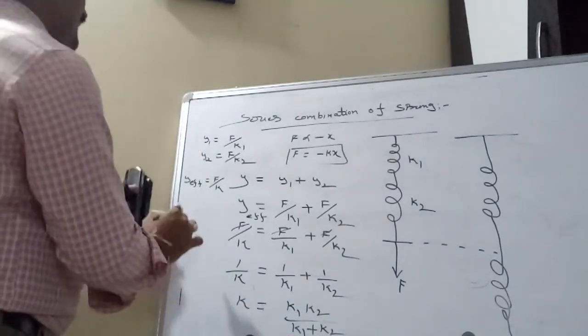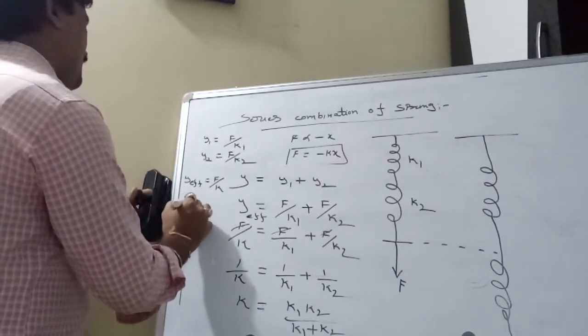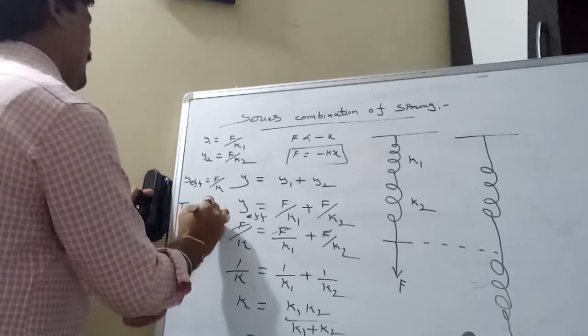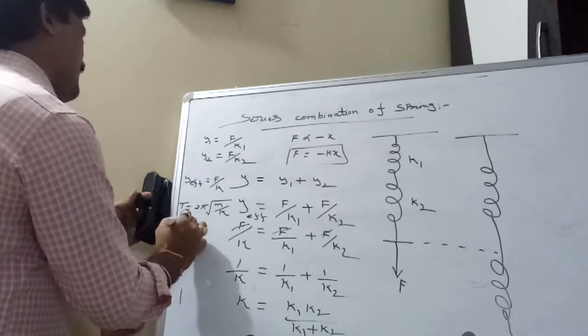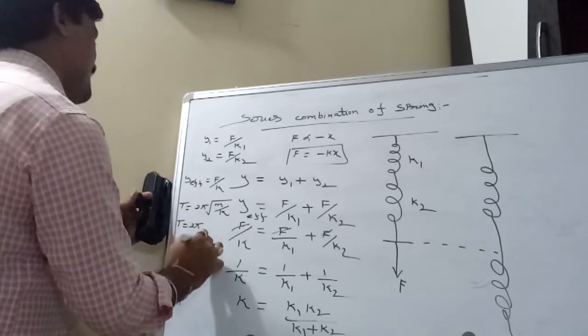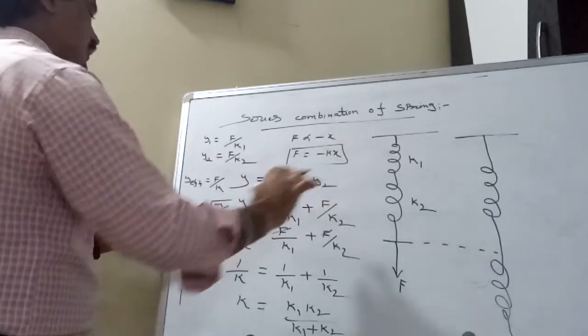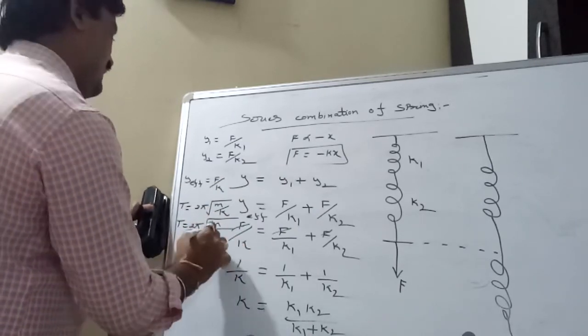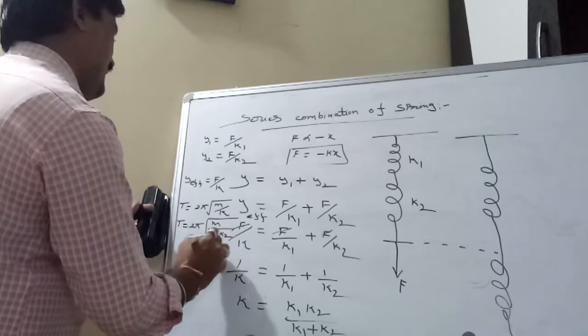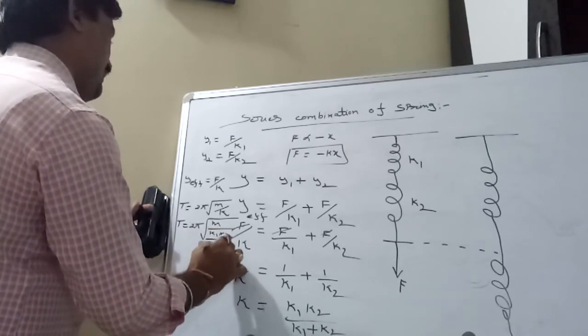Time period T is equal to 2 pi root m by k, where m is the total mass of the system. So T is equal to 2 pi root m by (K1 K2 by K1 plus K2).